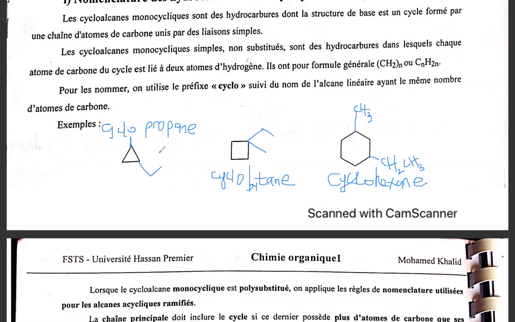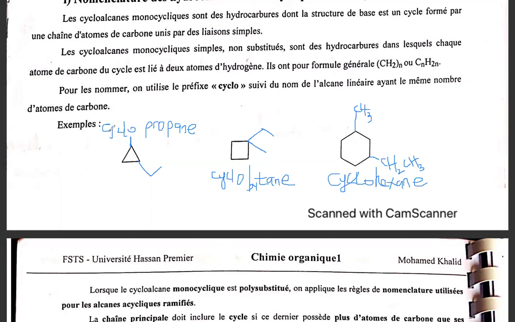So when you're naming such compounds, the cycles, the nomenclature still remains the same, but you just have to add in the substituents. If there are double bonds, you add the double bond. If there is a triple bond, you add it as well.